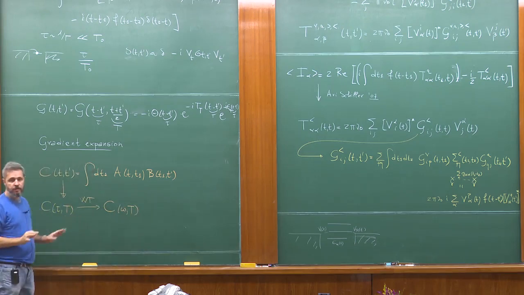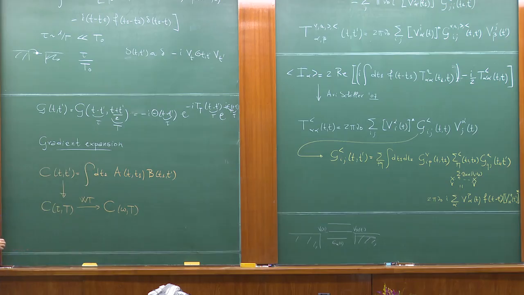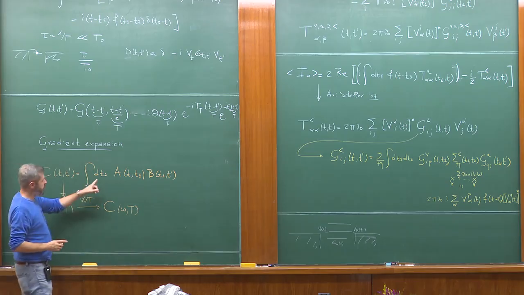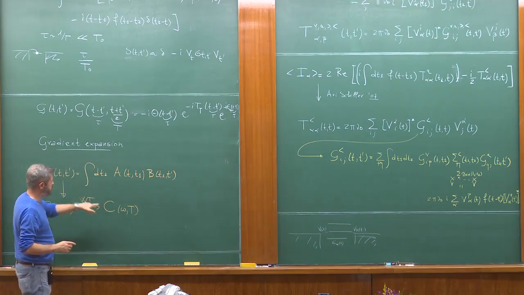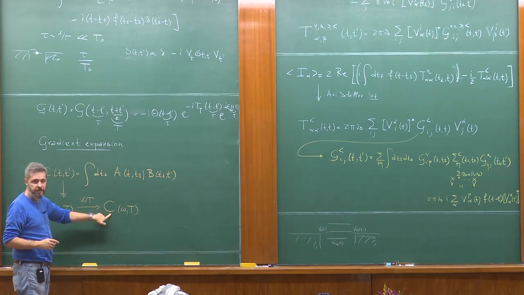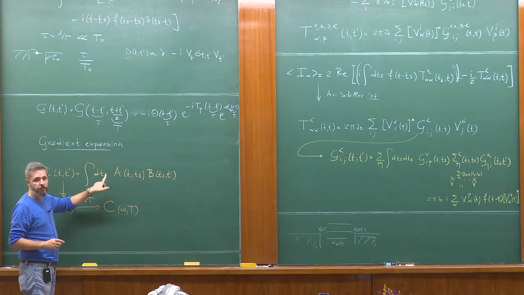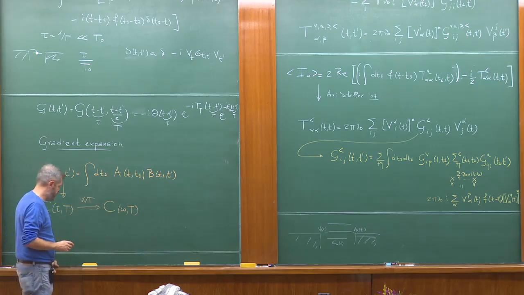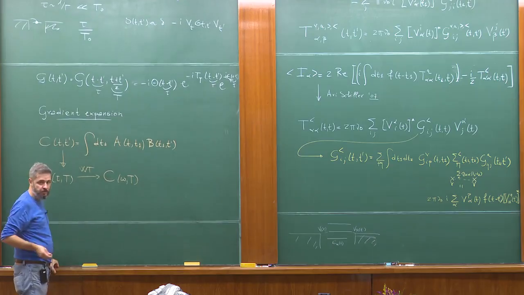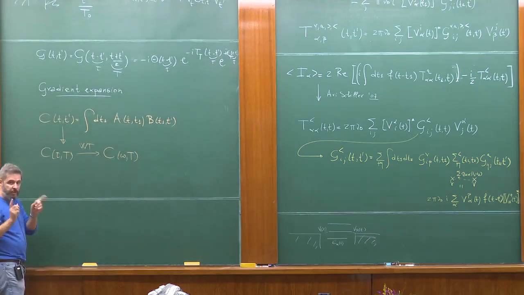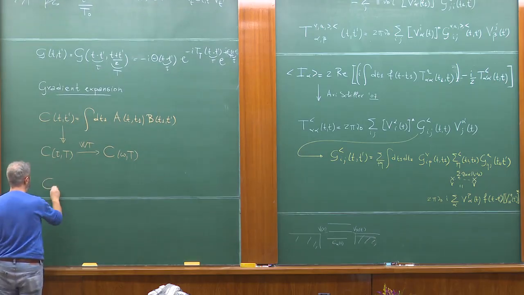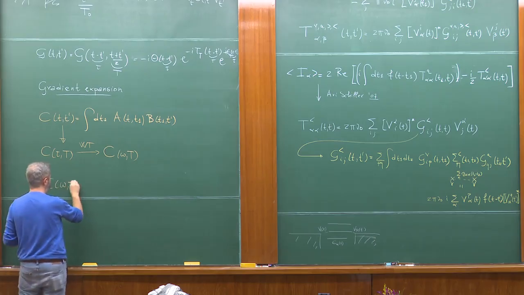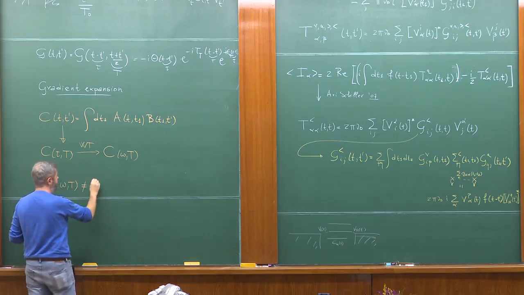It's just a Fourier transform with respect to tau. But now the problem is that if I take the Fourier transform with respect to tau of a convolution, it is not the product of Fourier transforms, because these functions are not dependent on time differences, and the convolution theorem is not valid.